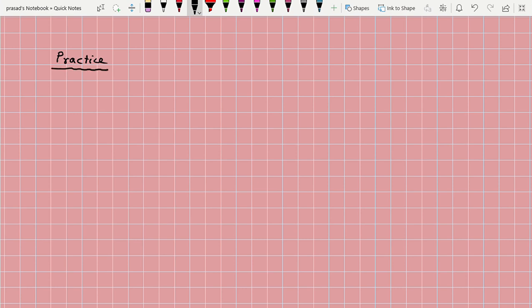So the first one, the forces (2A, B) Newton, (A, -2B) Newton and (21, 0) Newton.